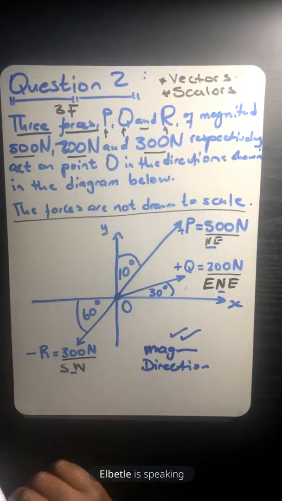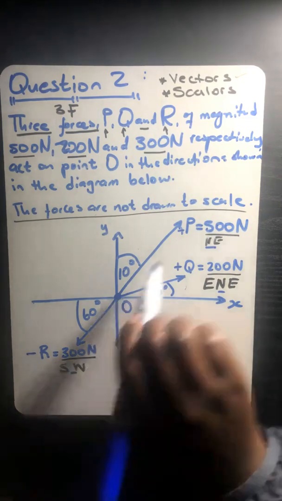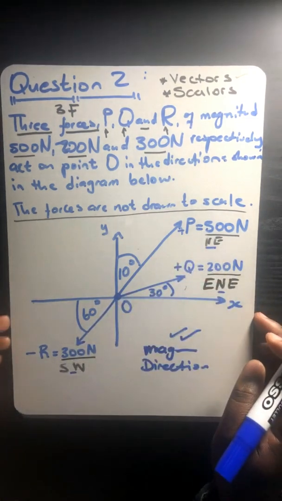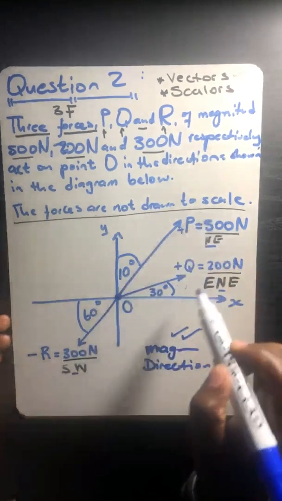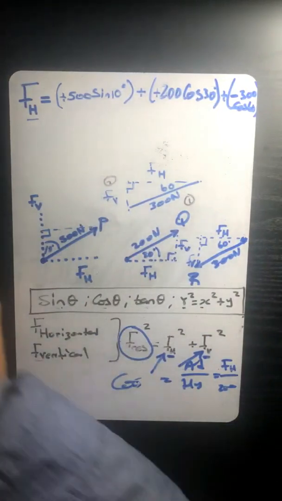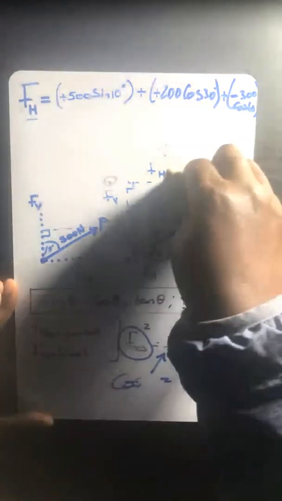Oh yeah, I see. So this one is in that direction, but this is in the opposite direction. You can see it by the arrow there. So are you all following there? Yes.